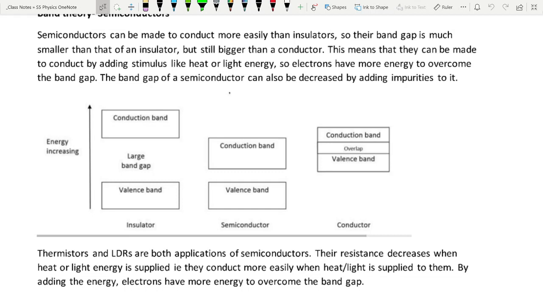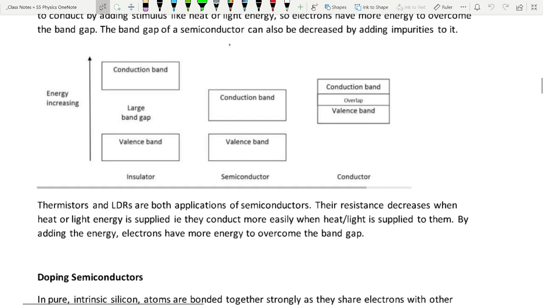So they conduct better, so the resistance decreases: light up, resistance down. You can also dope the semiconductors by adding impurity atoms. And what happens there is it actually decreases the band gap. So again, it's easier for electrons to jump up. So thermistors and LDRs, both applications of semiconductors.